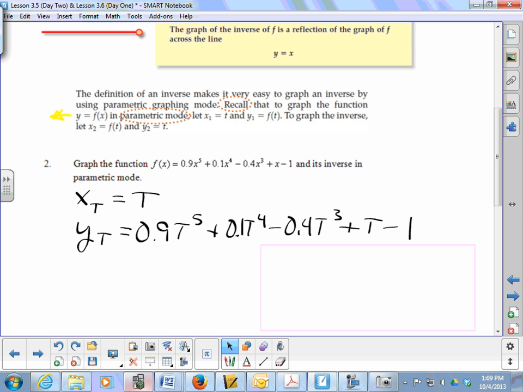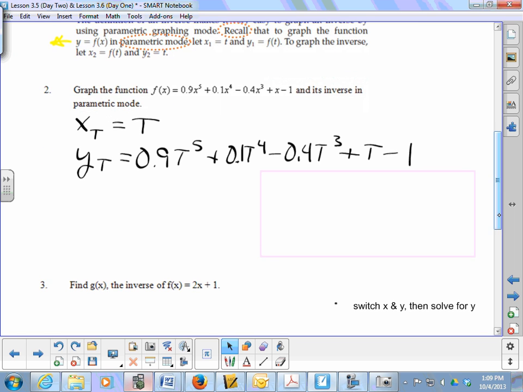And so if finding an inverse is just switching x and y, then all I need to do to graph the inverse of this is switch them. So here's my function, graphed.